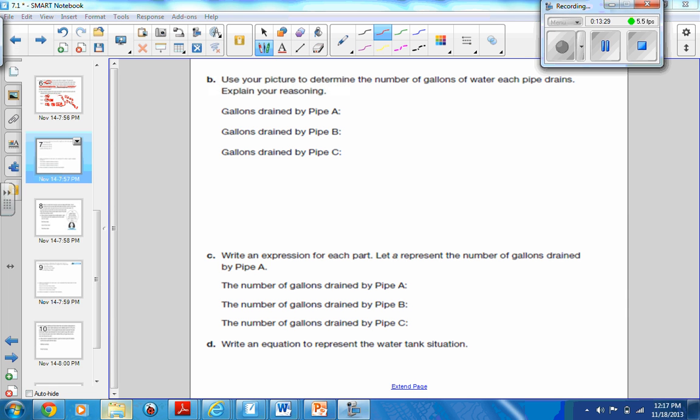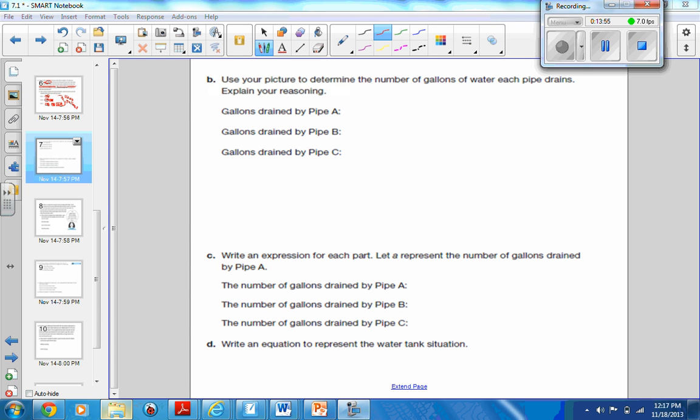Okay, so in part B, it says use your pictures to determine the number of gallons of water each pipe drains. Explain your reasoning. Again, you're going to have to use some mental method to figure this out. You can do some guess and check like we did in the first one. Maybe you could do something with the numbers, some operations that can help you figure out what at least one of the pipes is.